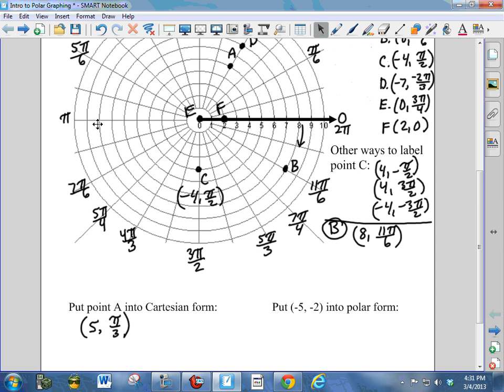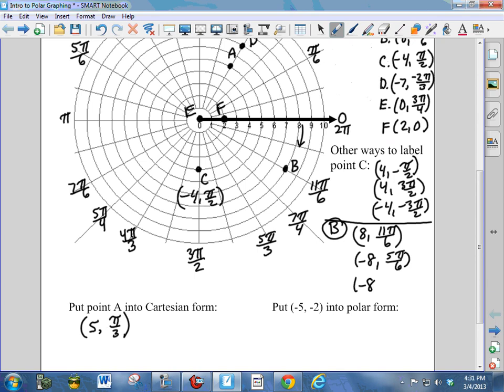So if I went in the positive direction, how far am I going? Negative 8. I'm going 5/6 of the way around of pi. So from 0, remember a semicircle is pi, so I'm going 5/6 of pi. So this would be negative 8, positive 5 pi over 6.